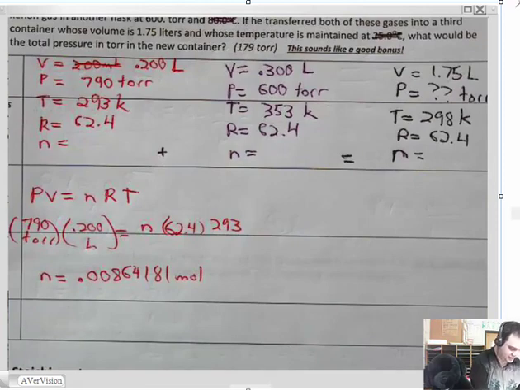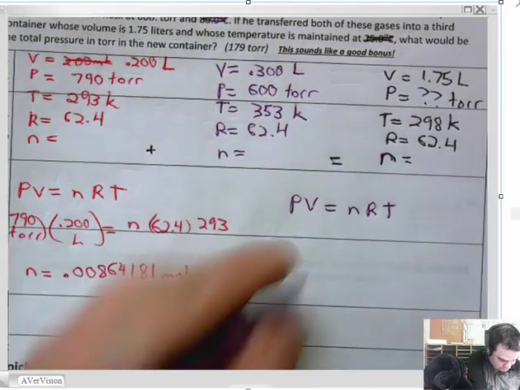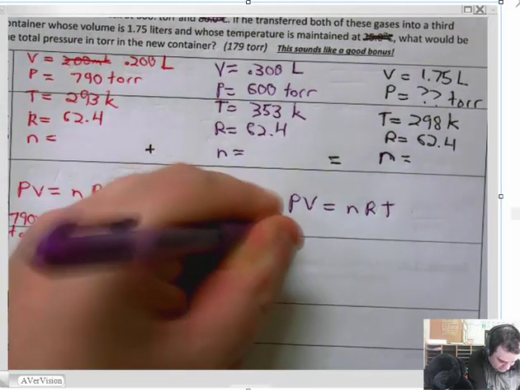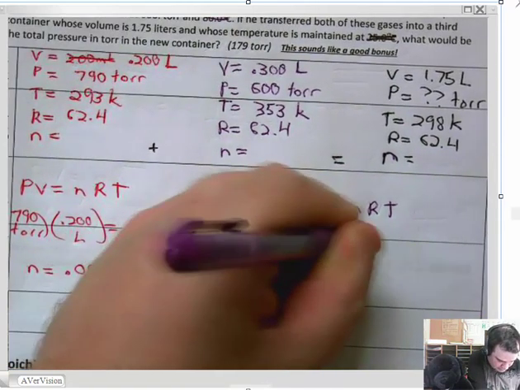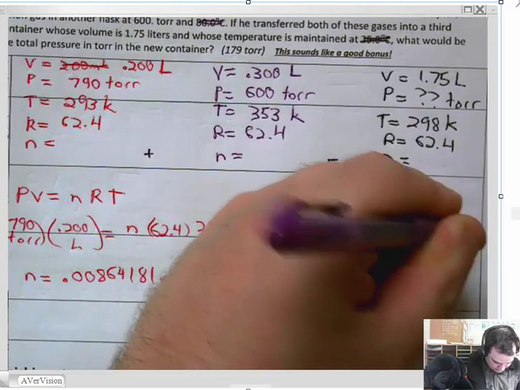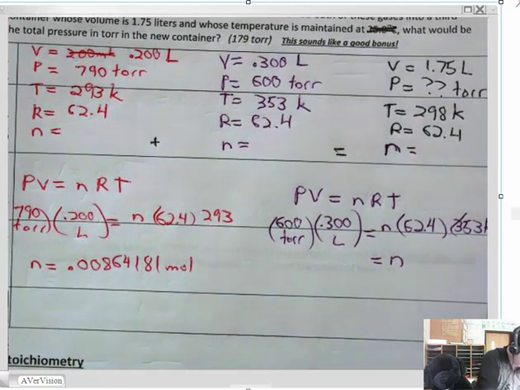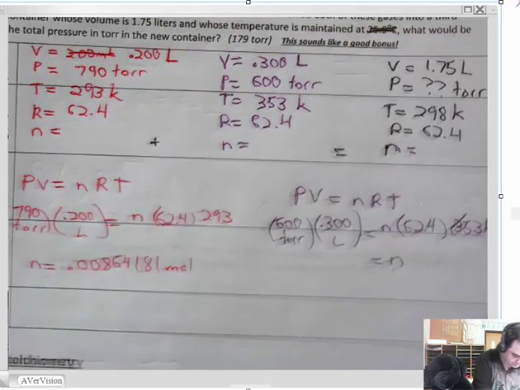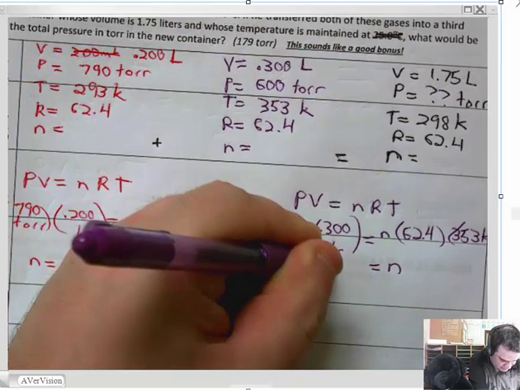Now I'm going to do the purple one next. PV equals nRT. So this is 600 torr times 0.300 liters equals n times 62.4 times 353 Kelvin. n is equal to 0.0081711715 moles.